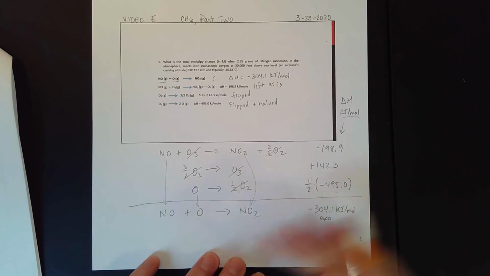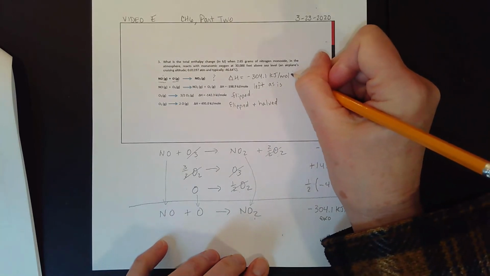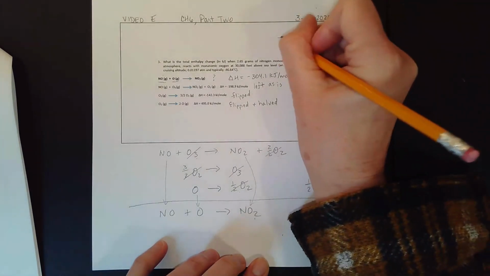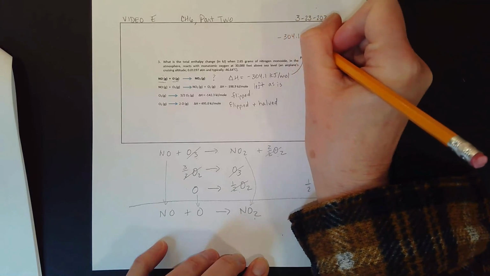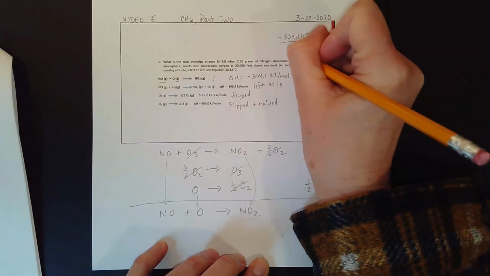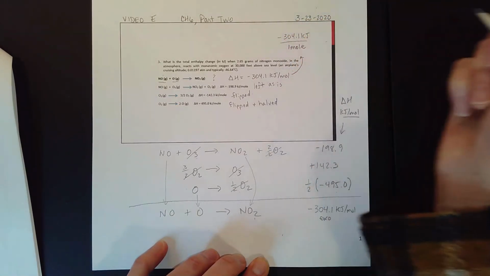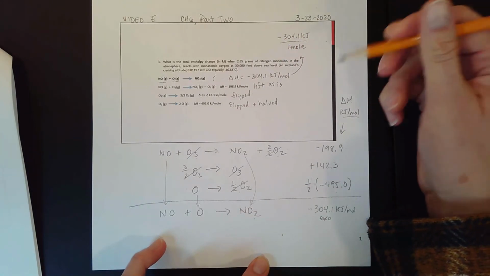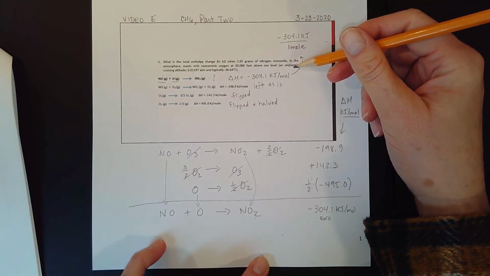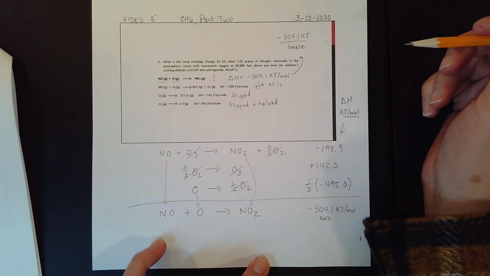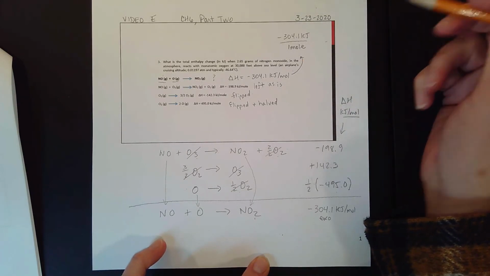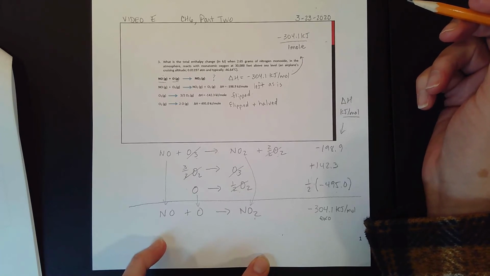Okay, so as we know, we're often going to be using these as a conversion factor. So I'm going to write it like that. And in this question, we're asked, what is the enthalpy change when 2.65 grams of nitrogen monoxide reacts? So this is just like the previous stoichiometry problems we've been doing.